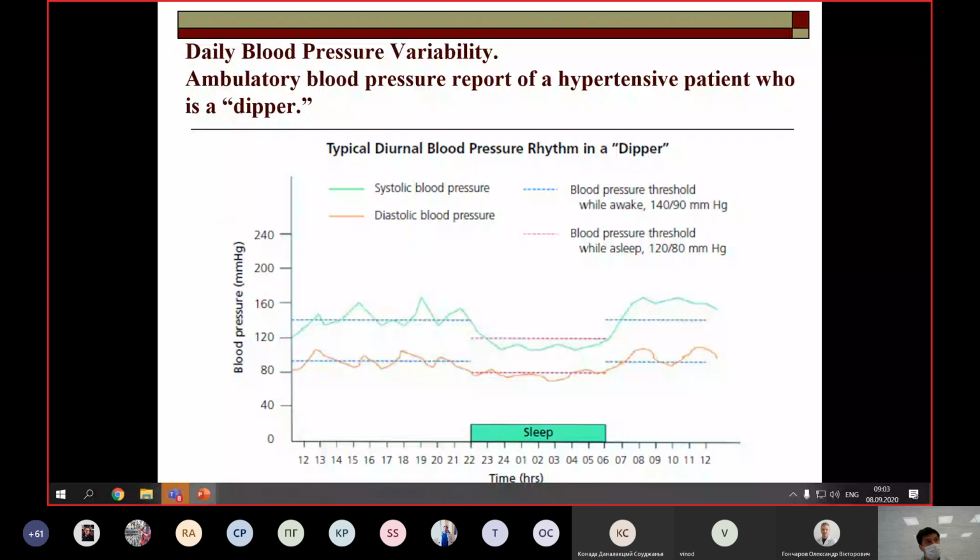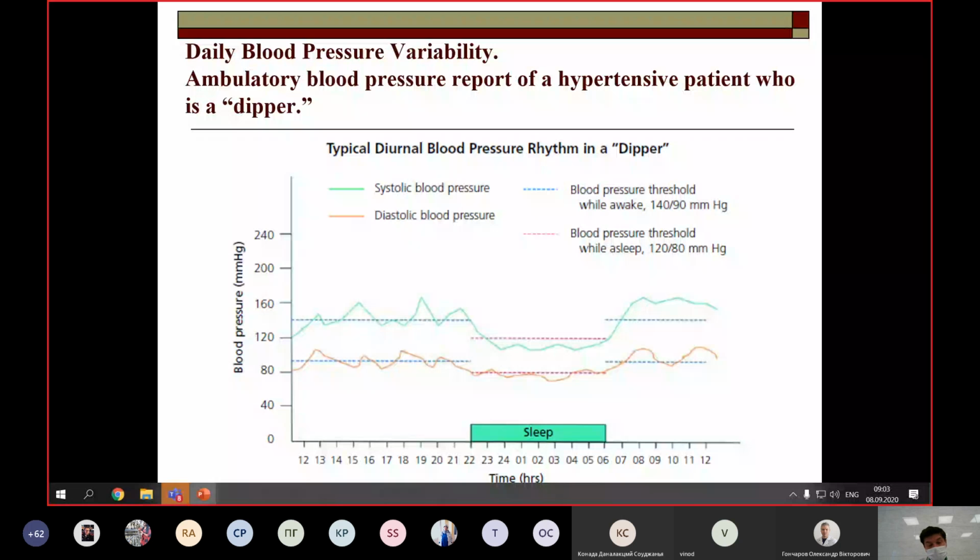The main advantage of ABPM is the profile of daily pressure rhythm in patients with hypertension. We can see the so-called normal, the dipper, typical diurnal blood pressure rhythm. We can see this rhythm on this slide.